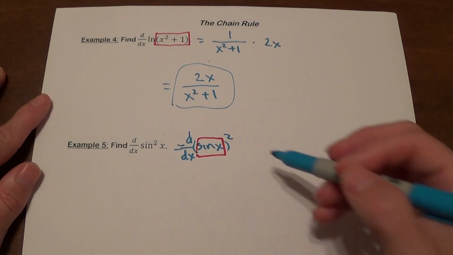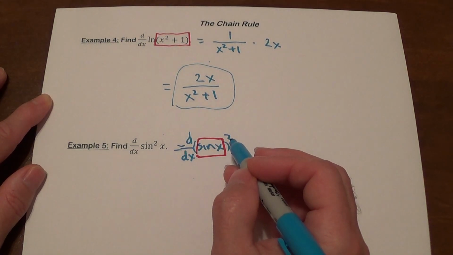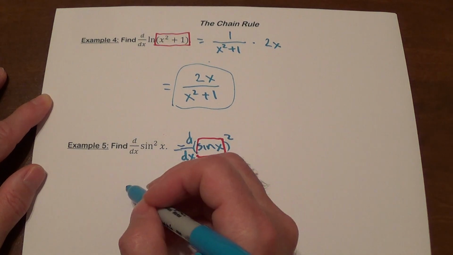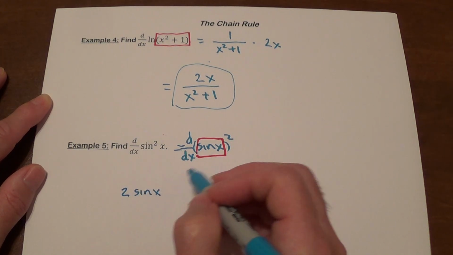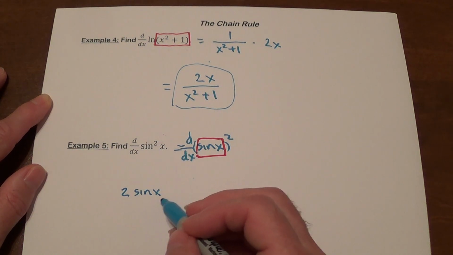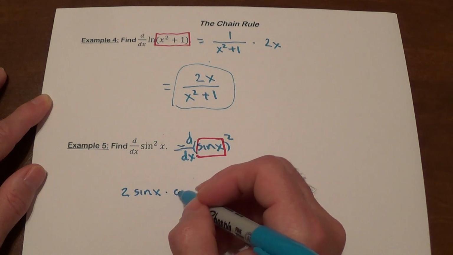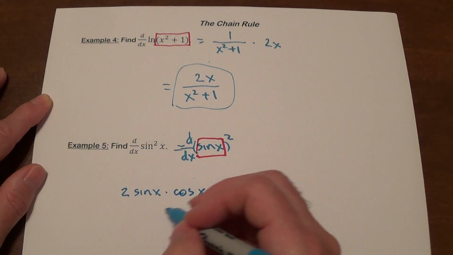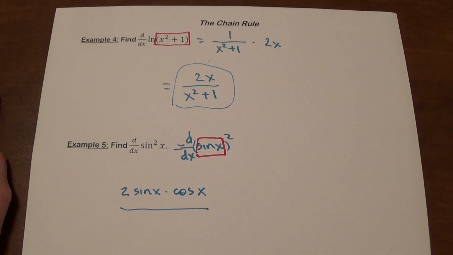So when we differentiate this, we take the derivative of the power function first, which is 2 times sine x to the first power, so just 2 times sine x, and then you have to take the derivative of sine x, which is cosine x. And this is going to be the answer to this problem.